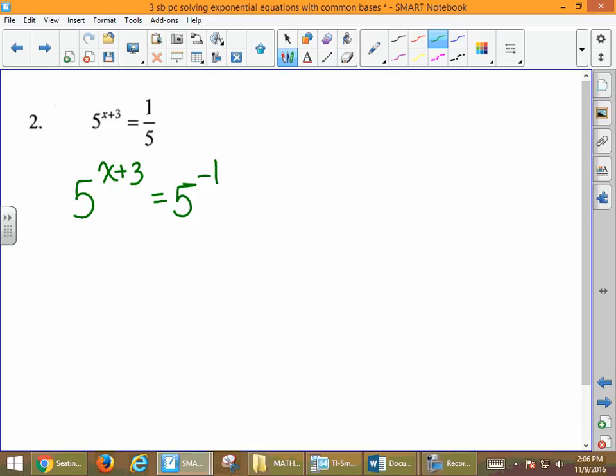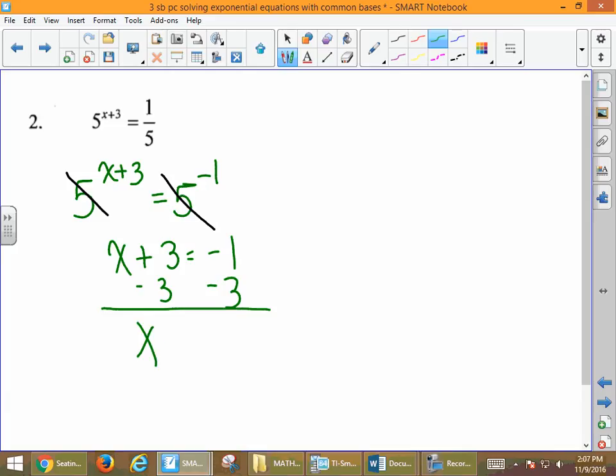And now that we've done that, we have a base of 5 on the left and a base of 5 on the right, which means that we can ignore the 5s, and then we can solve. We've got x plus 3 equals negative 1. Subtract 3 from both sides, and we get x equals negative 4.